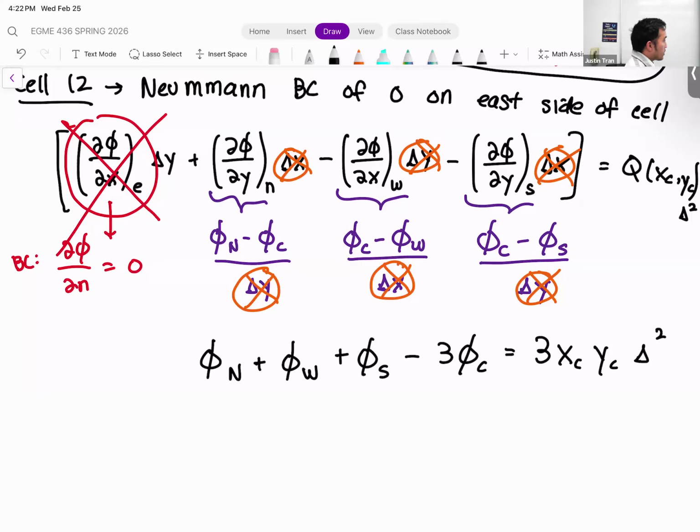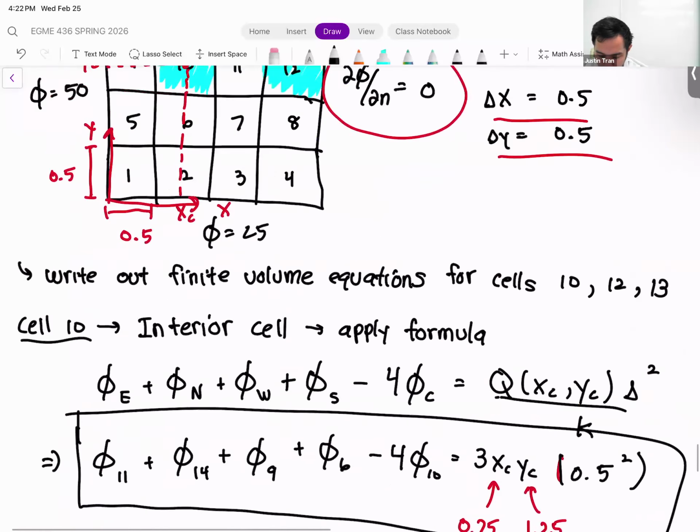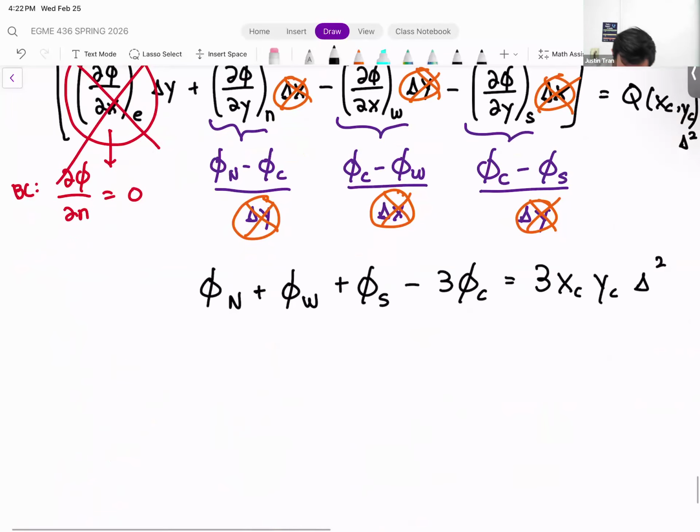And then just like we did with the previous part, we just plug in the appropriate cell numbers for the neighbors. The north neighbor for cell 12 is cell 16, so this is phi 16. The west neighbor for cell 12 is going to be phi 11. The south neighbor for cell 12 is going to be phi 8.